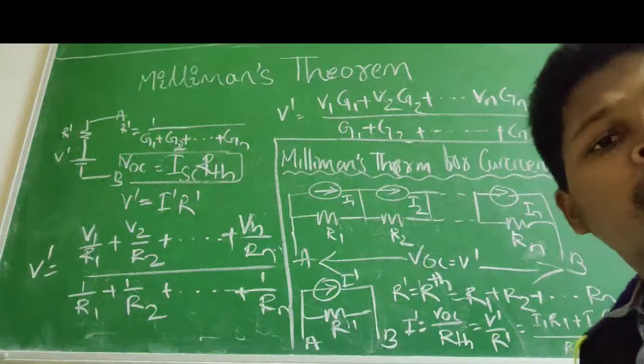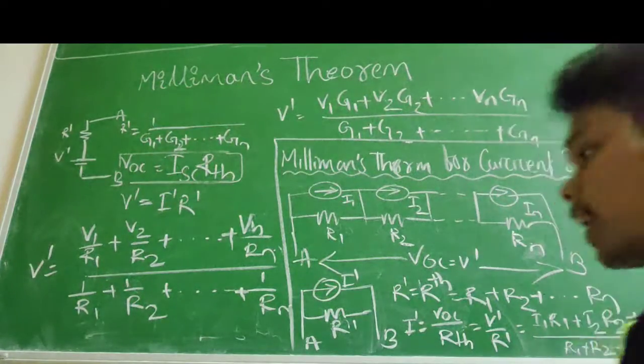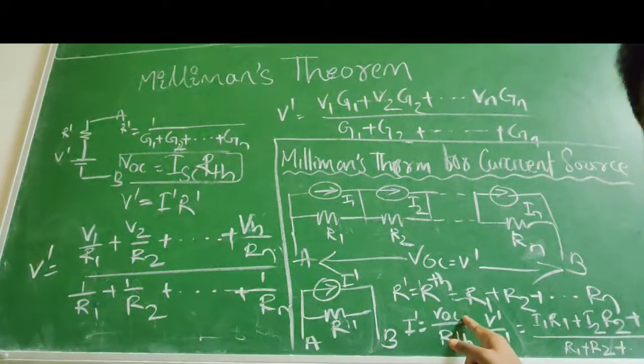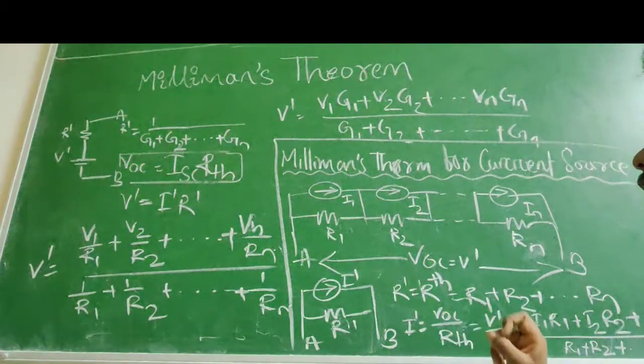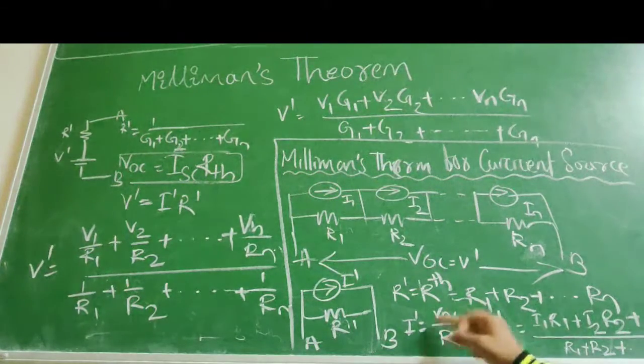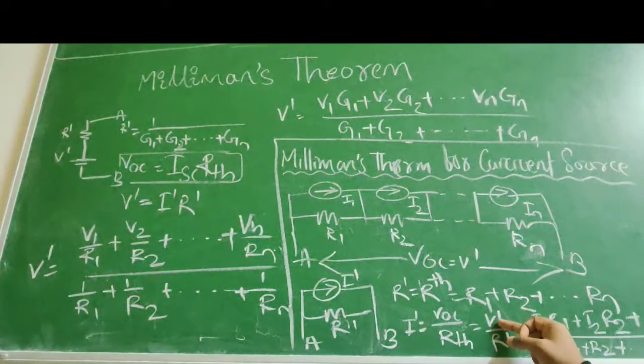And for the Norton current, that is the equivalent current, I dash is equal to, we know from Ohm's law, VOC, the open circuit voltage, divided by Thevenin's resistance. The open circuited voltage is V dash, or Thevenin's voltage, divided by R dash, that is Thevenin's resistance, which is equal to the Norton resistance too.